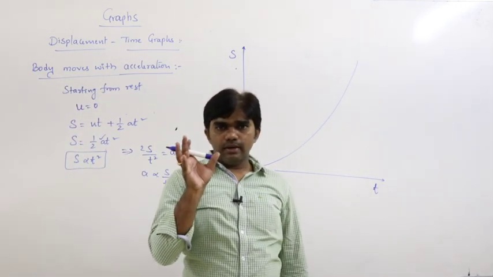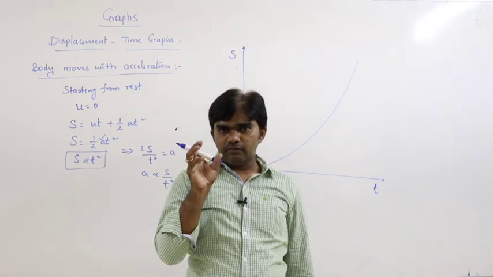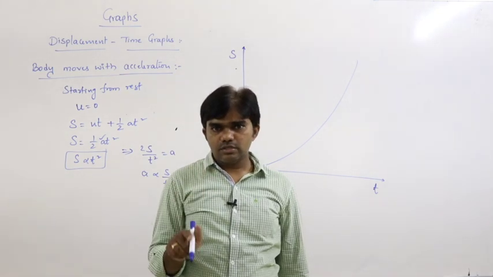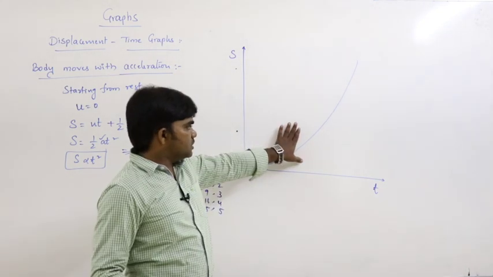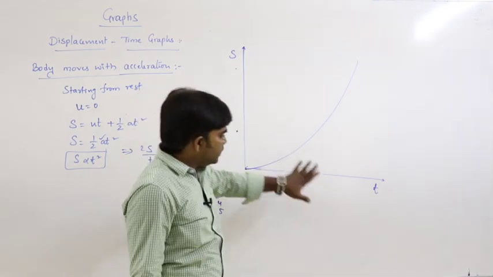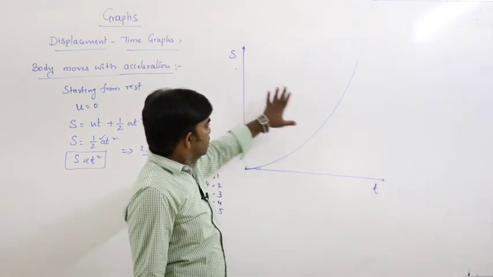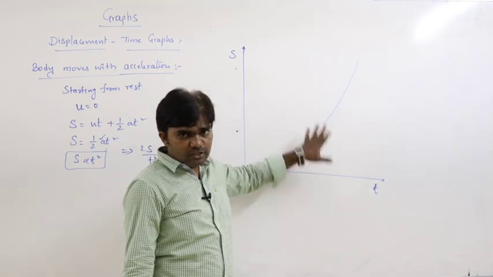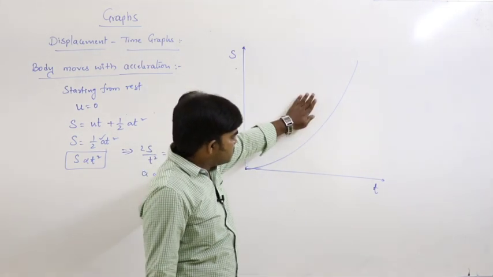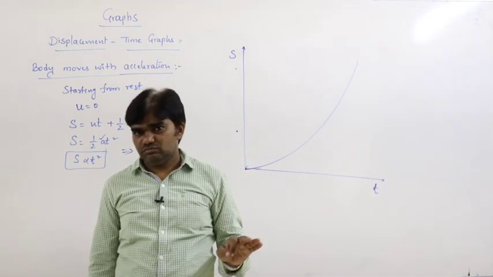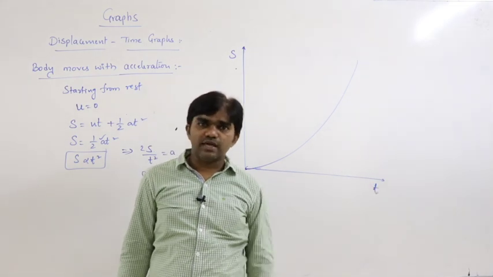So by observing the shape of the graph, we have to discuss. For example, if the displacement time graph is given like this, this graph is for what condition? Body moves with acceleration.